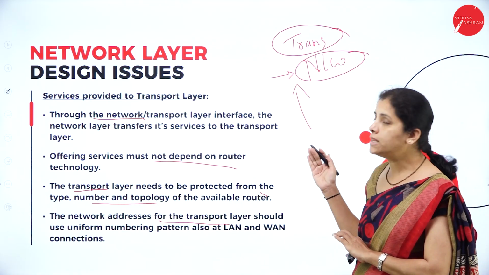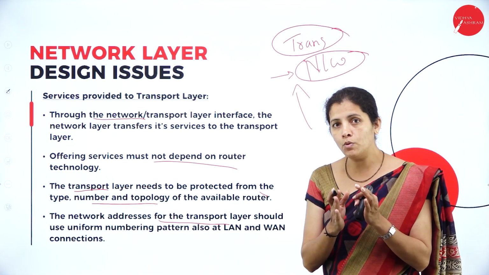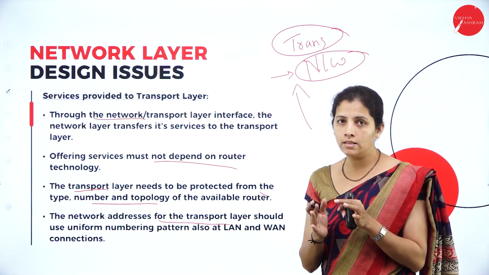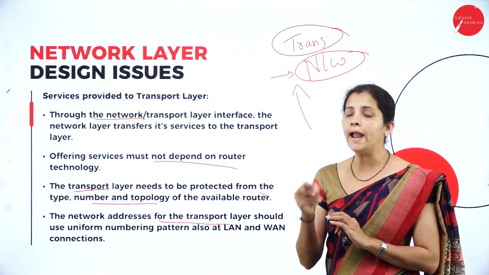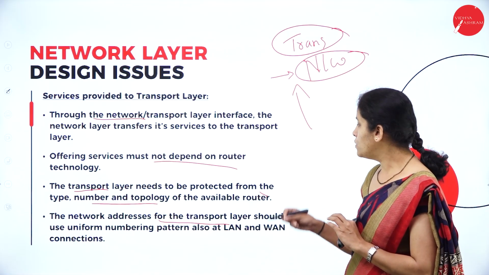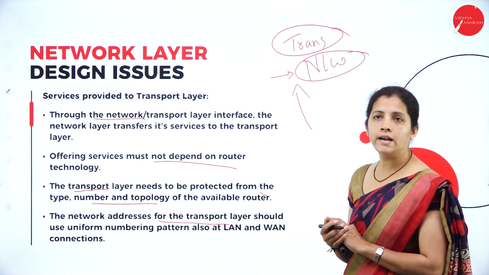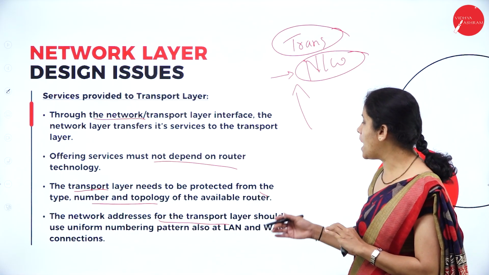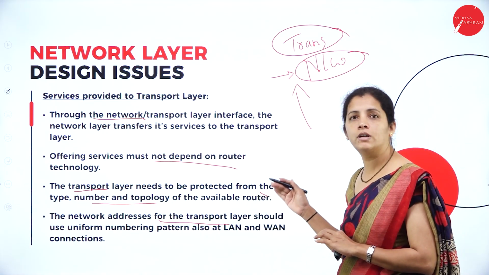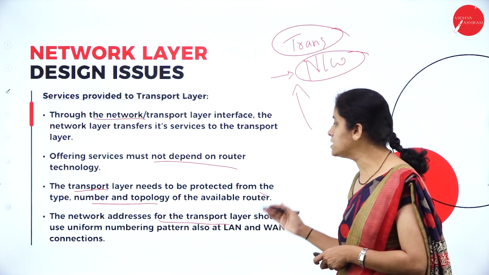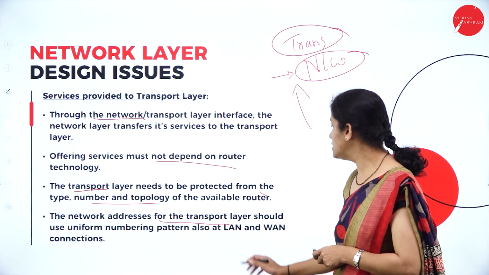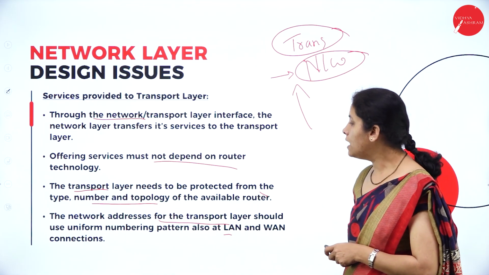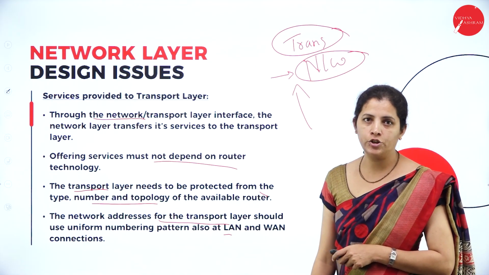As we know, when the data moves from one layer to another layer, each layer is going to add a unique address. So the network address for each and every transport layer uses a unique numbering pattern, and it is called LAN and WAN connection.